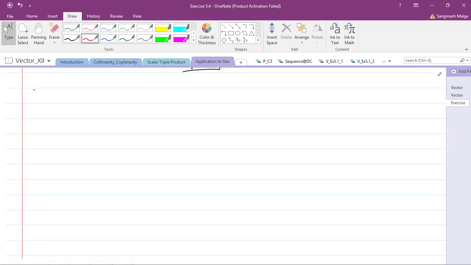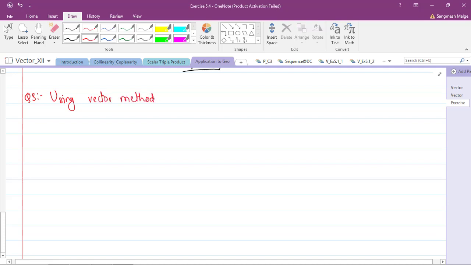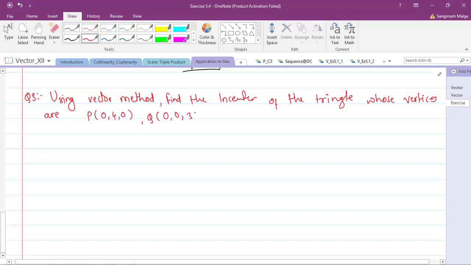Third question. The statement goes like this. Using vector method, find the incenter of a triangle whose vertices are P in bracket 0 4 0, Q in bracket 0 0 3, and R in bracket 0 4 3.